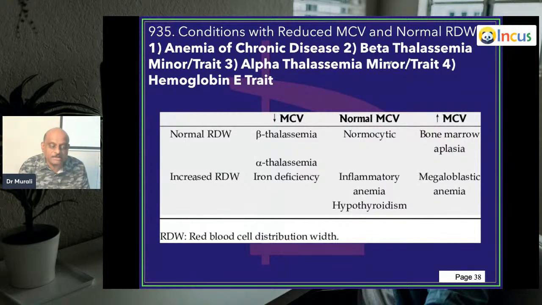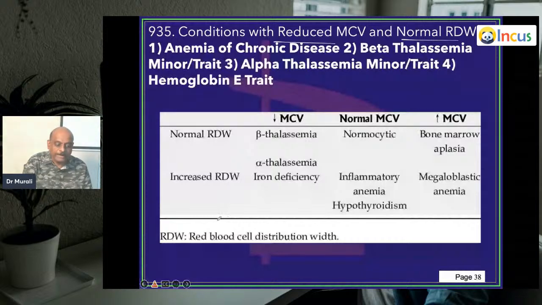So what conditions do you see with a reduced MCV and a normal RDW? Now comes an important, interesting question. RDW normal, RDW high, RDW low. Red cell distribution width low. So high. So let's look into this important matrix, right? A lot of times the examiner will try to play with you, playing around here and there.